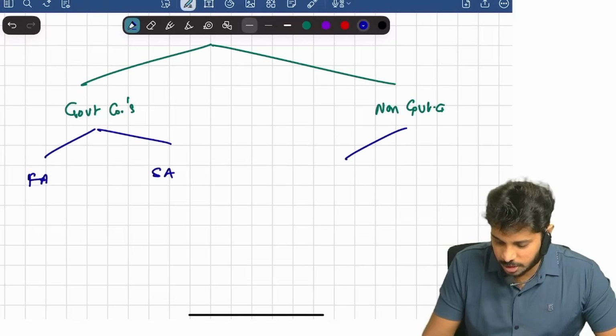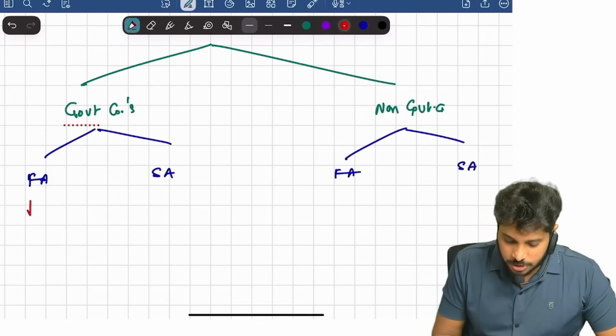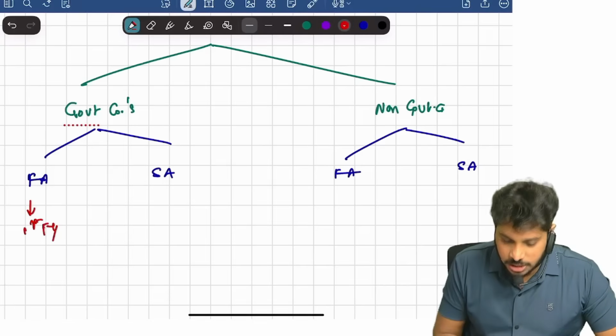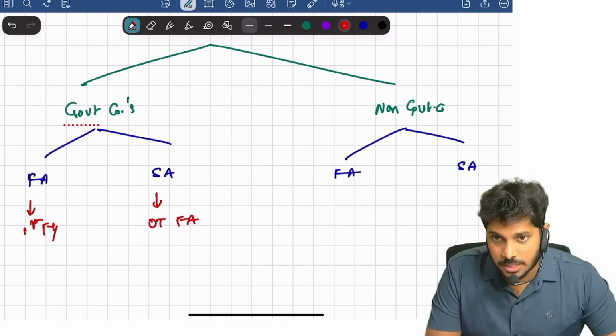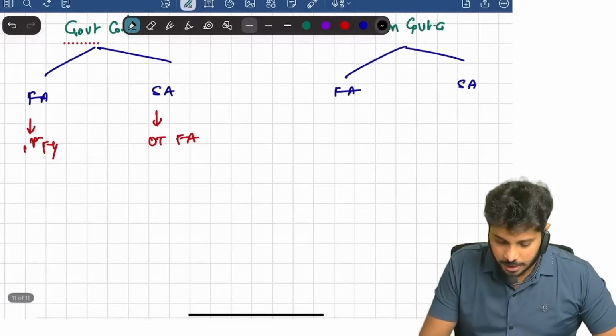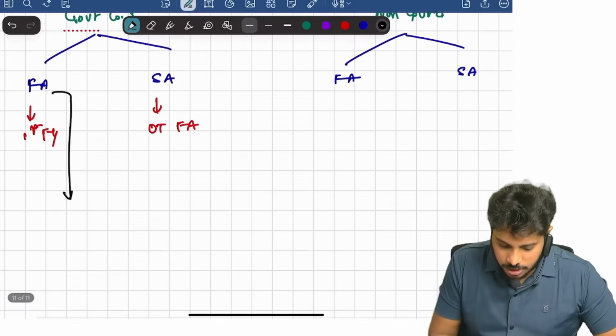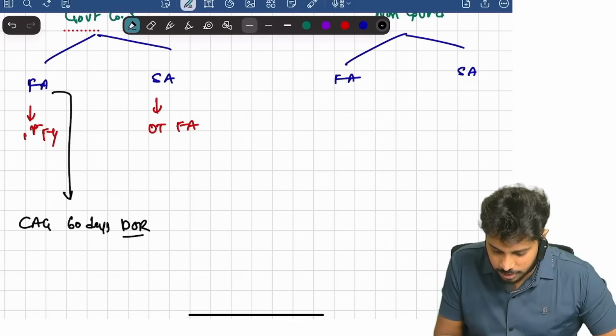First auditor, subsequent auditor. First auditor is the auditor appointed for the first financial year of the company. The subsequent auditor is anyone other than the first auditor. Now for a government company, the first auditor is appointed by C&AG within 60 days from the date of registration.